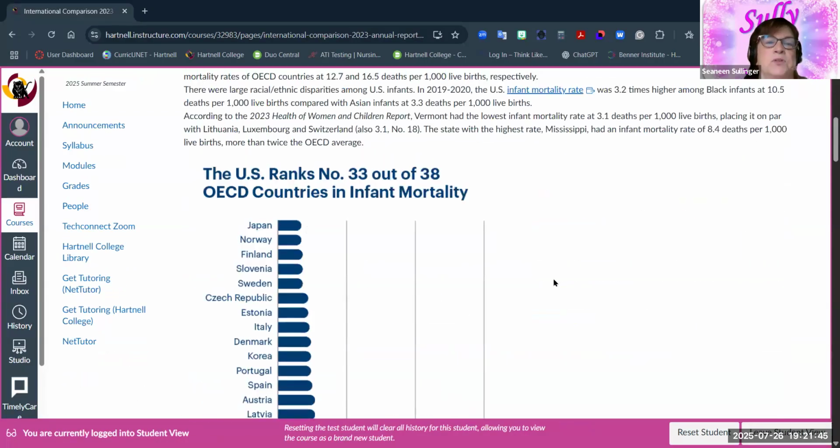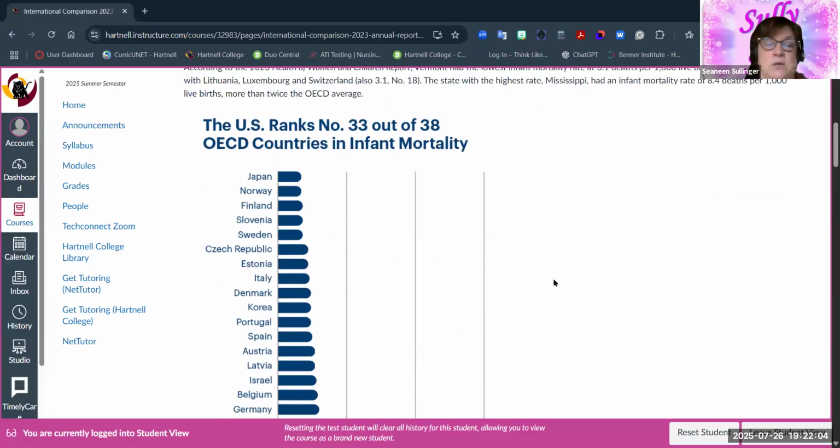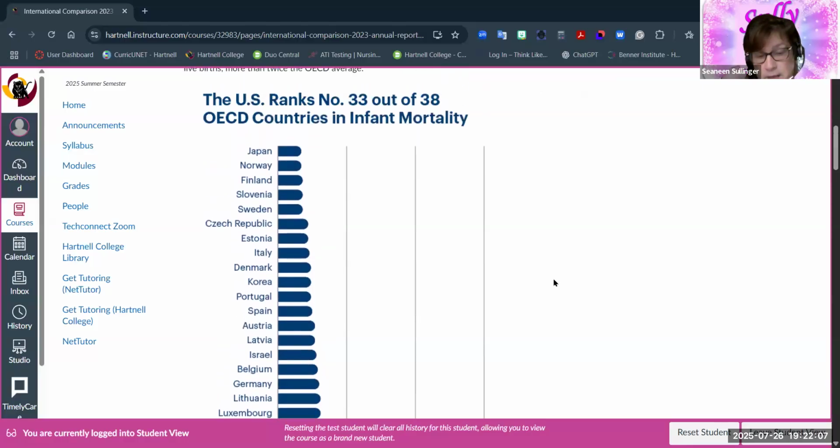So infant mortality, that's deaths among children younger than 1 year of age, sorry. And the rate has not improved at the same pace for the US. It's not improved as much as it has in other countries. It doesn't give me reasons for the death.